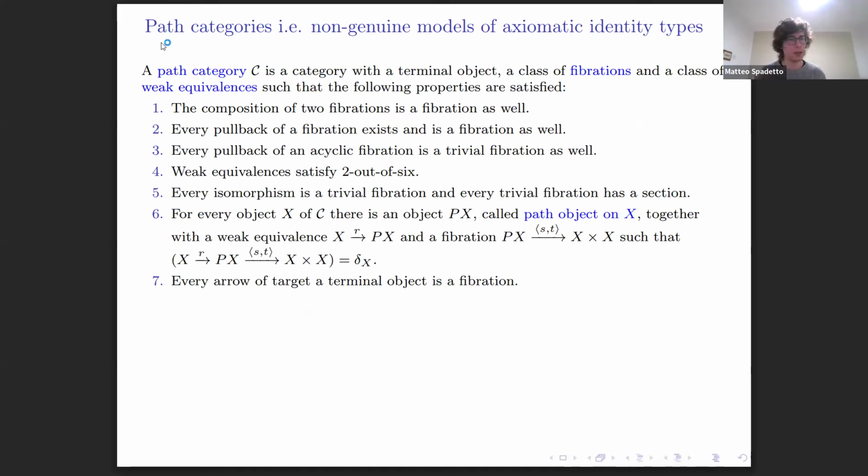A path category was introduced by Benno van den Berg and Ieke Moerdijk precisely to have a homotopy theoretic version of the semantics of identity types. It basically consists of a category with a terminal object, together with a class of fibrations and a class of weak equivalences, in such a way that some properties are satisfied.